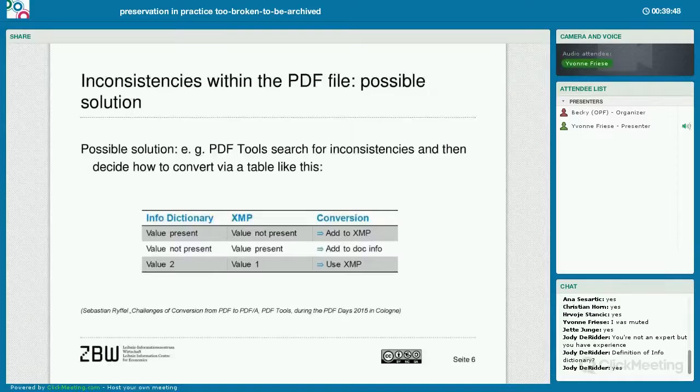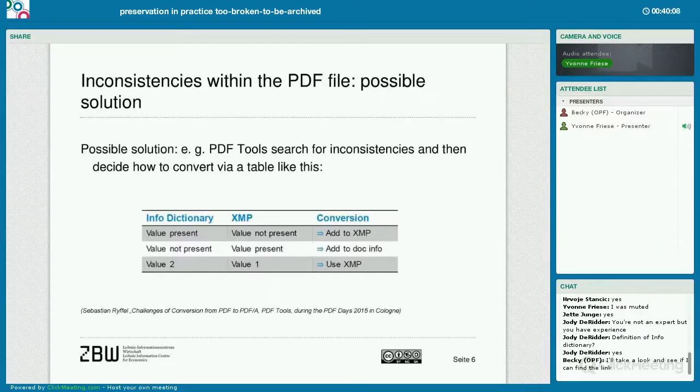Okay, so there's a table. You just have to decide. And you have to decide and make this decision transparent for your clients. And maybe this is a good workflow for my PDF fixing in archiving as well. Sometimes I just have to make a decision.